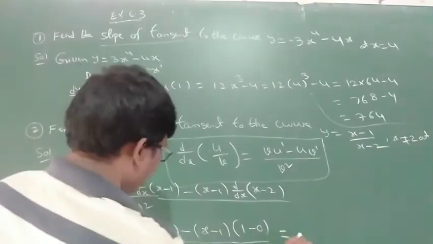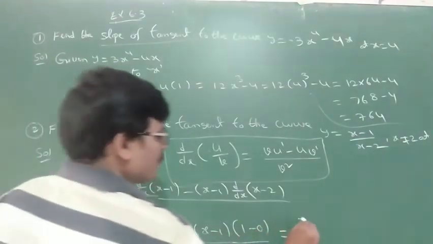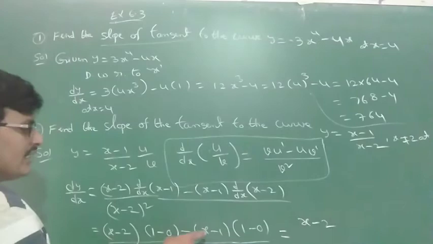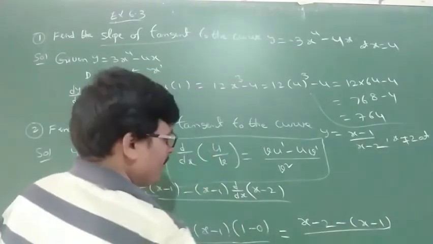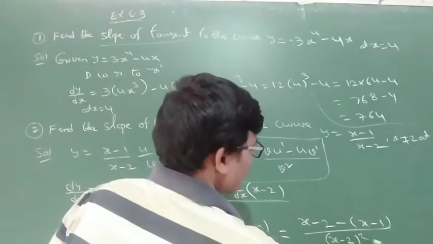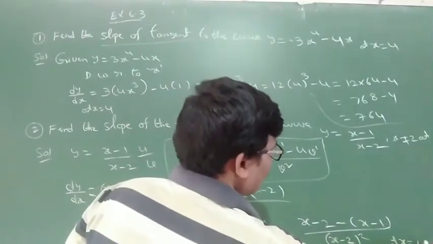That is equal to x minus 2 into 1, minus x minus 1 into 1, by x minus 2 whole square, at x is equal to 10.